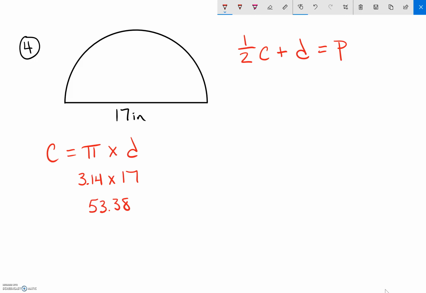Now that would give us the full circumference, the distance all the way around the circle. We only want half, so we're going to divide by 2. And we're going to get 26.69 as half of the circumference.